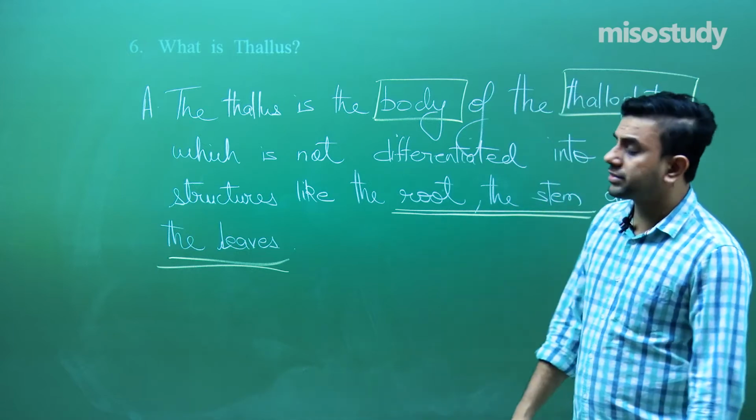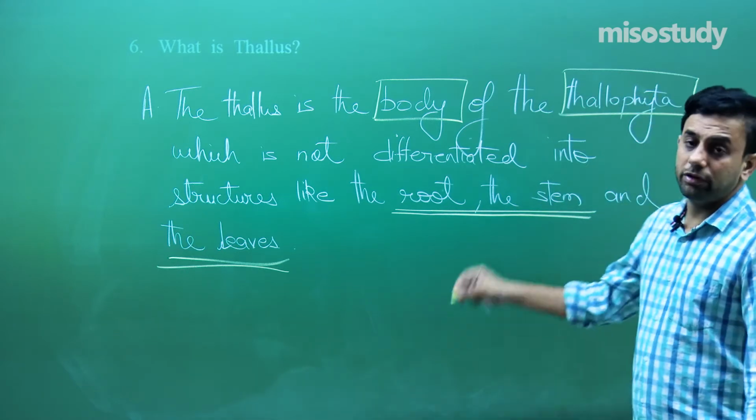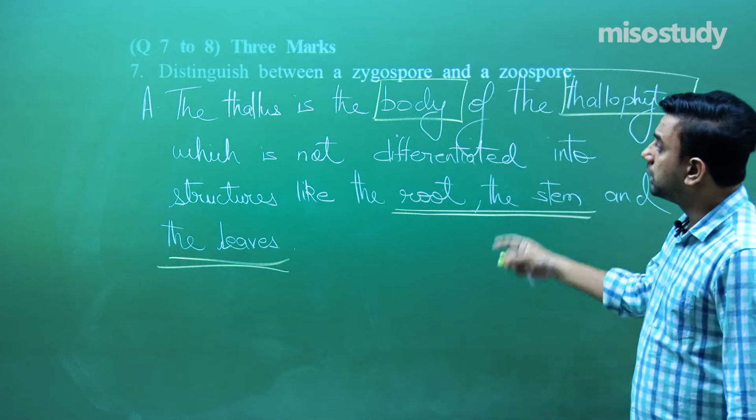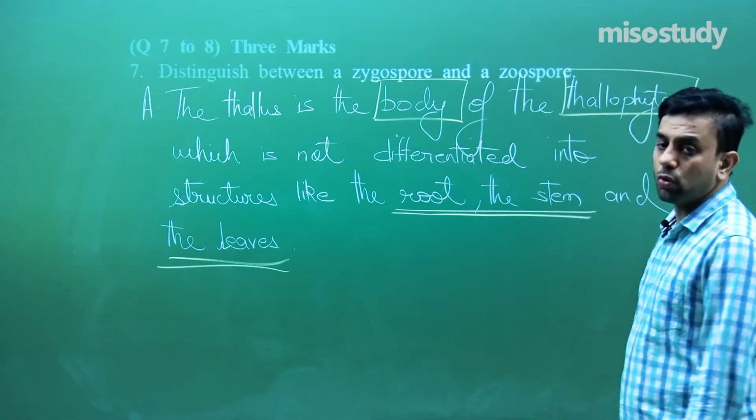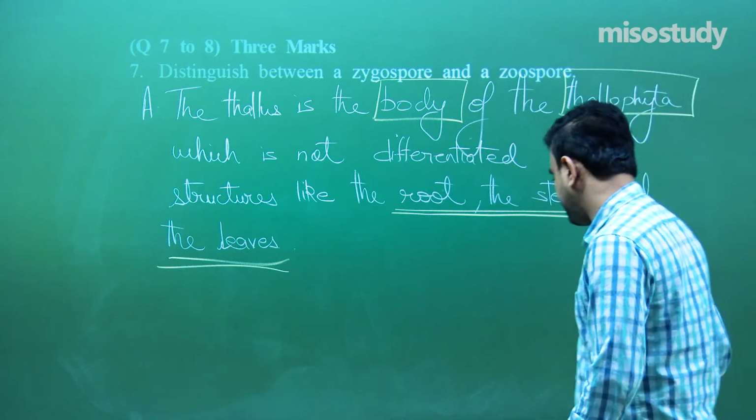So, we are done with this question, and now we will be moving on to the next question, which is of 3 marks. Distinguish between a zygospore and a zoospore.